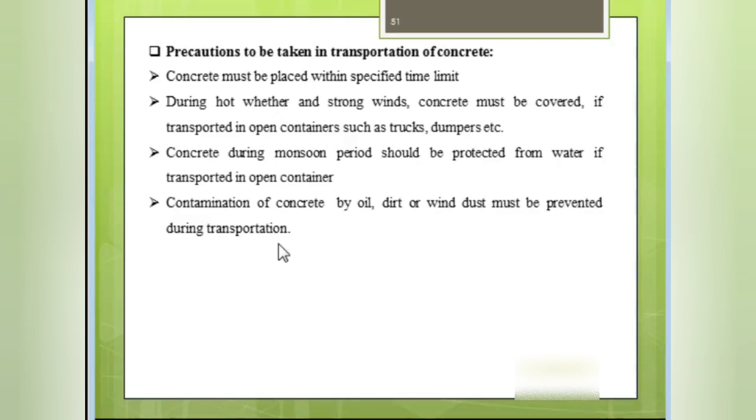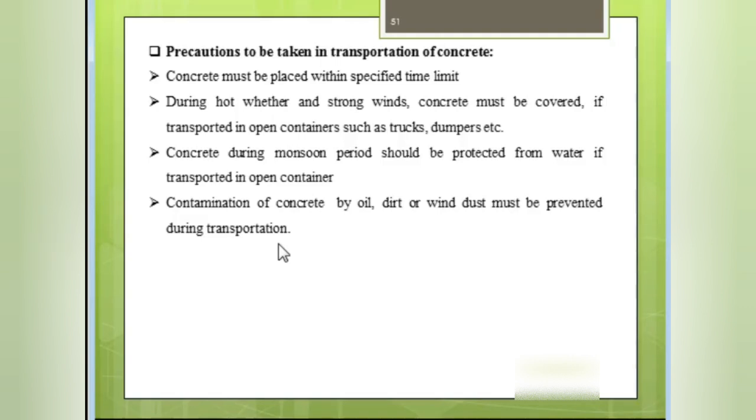In case of transportation of concrete during hot weather and strong winds, as I told you, the transported concrete should not be in an open container. It should be a closed container. Concrete during the monsoon period should be protected from water if transported in an open container.